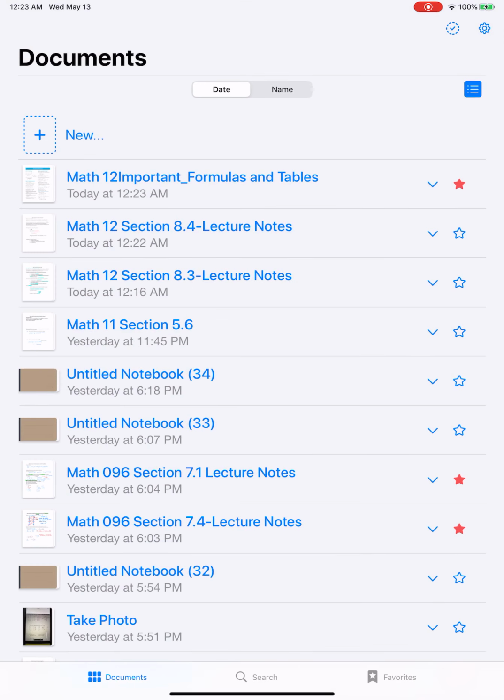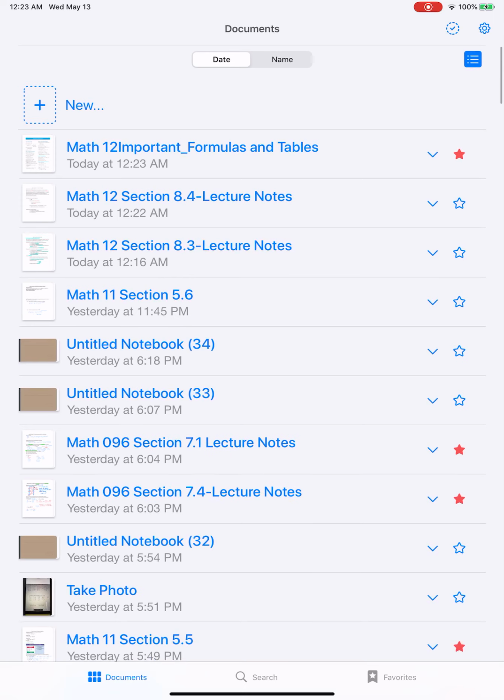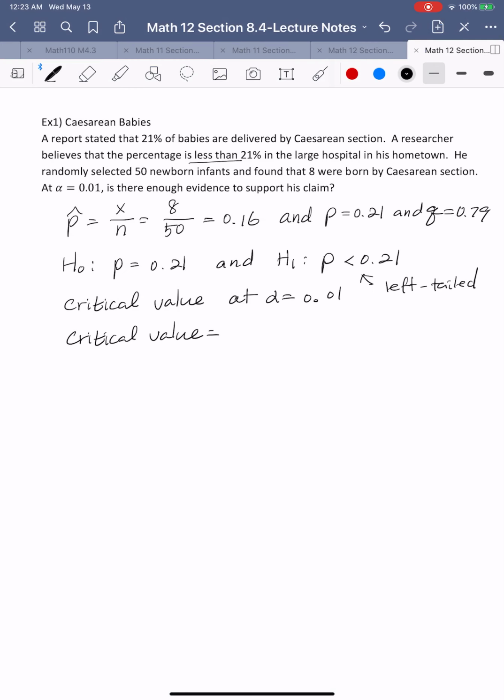So the z-score is about negative 2.33, which means it's a left tail. Negative 2.33 is the area of 0.01. So we found the z-score as the critical value.